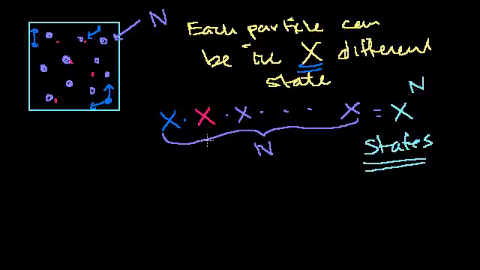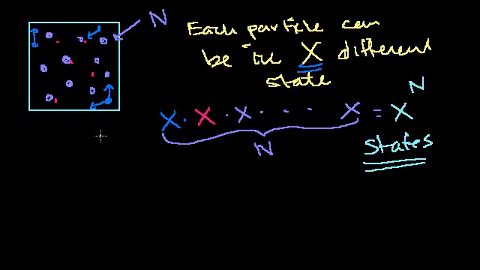Now, let's say that we like thinking about how many states a system can have. Certain systems have fewer. For example, if I had fewer particles, I would have fewer potential states. Or maybe if I had a smaller container, I would also have fewer potential states. There would be fewer potential places for our little particles to exist. So I want to create some type of state variable that tells me, well, how many states can my system be in?